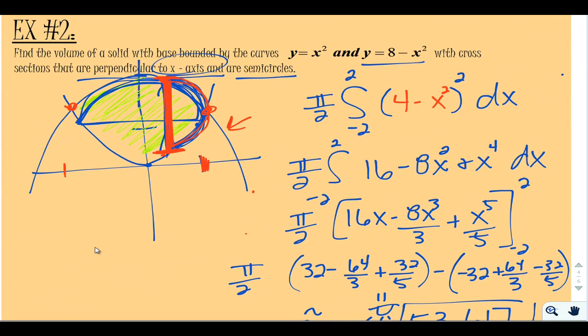Okay? So anytime I ask you for the volume, and the cross-section is not a disc or a washer, you just have to integrate the area, depending on whatever the shape is. Triangle, circle, semicircle, square, whatever it might be.